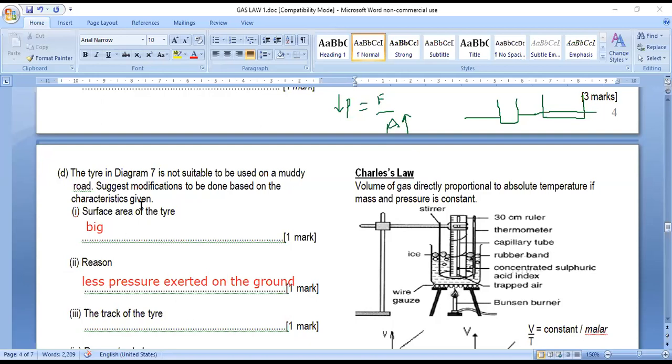Now the track of the tire. The track basically is for grip, so that it won't be slippery. Let's say this is your tire. This track is not deep. So in order to get a better grip, you must have a deeper track.